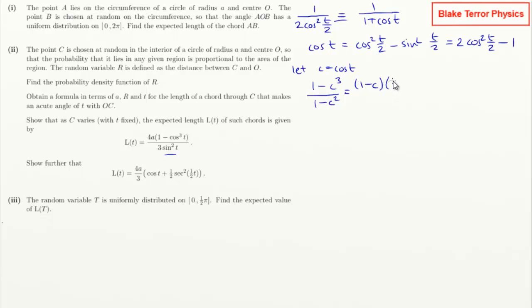So 1 minus cos will then go into cos squared. I'd have to have a 1, and I'd have to have a plus cos. And then this is difference of 2 squares: 1 plus c, 1 minus c. So I can get rid of those. So that certainly helps.